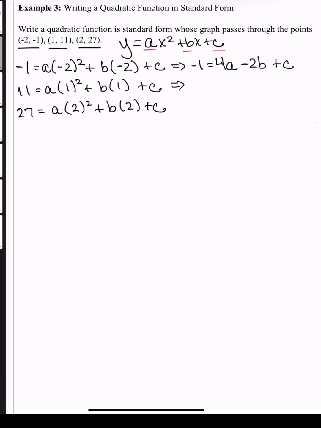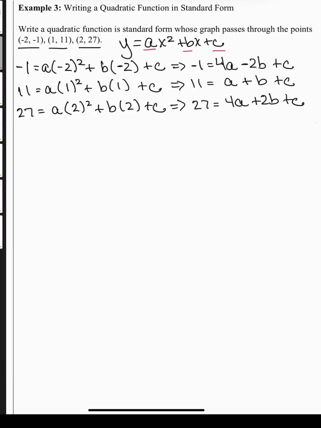Next equation, simplifying, I've got 11 equals, well, 1 squared is just 1, so I'll just write a, and 1 times b is b, so plus b plus c. That's a nice easy one. Okay, and then my third equation, I've got 27 equals, well, 2 squared is 4, so I've got 4a plus 2b plus c.